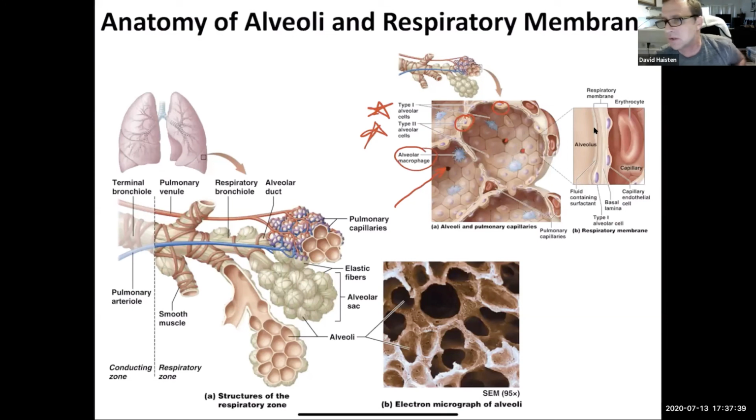These are immune cells, white blood cells, hanging out in your alveoli to deal with any pathogens or particulates that get in there. Any debris, they're there to clean it up. And they move through pores from one alveolus to the next. So the pores are there to keep your alveoli inflated, and they're also there for the alveolar macrophages to move around. An alveolar macrophage is a white blood cell.